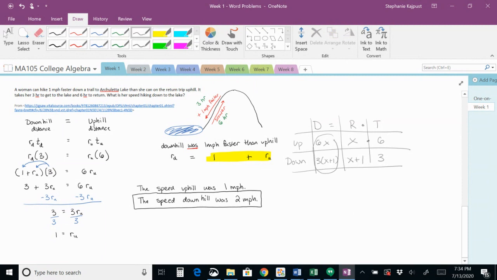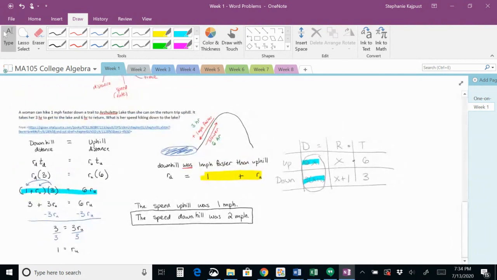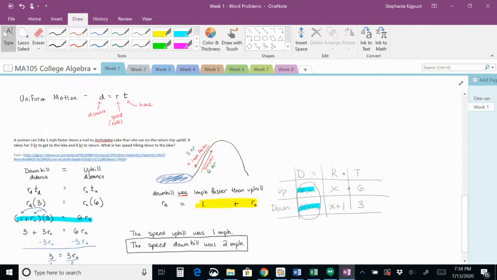And you see that this is the same as what we got, just with different letters. They use x, I use r. It's the same thing as what this is, and because the two distances are equal, you set those equal. So that's how the table works. But I feel like with the table, you're losing what the actual equation is.